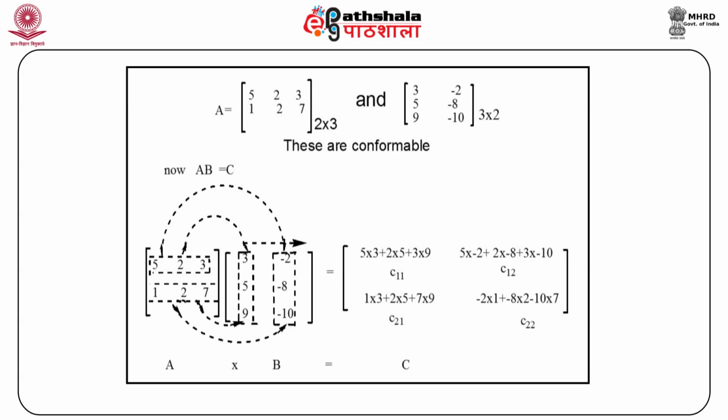Here we pick up the row of A, that is row number 1: 5, 2 and 3, and take the column of B, and we multiply each and every element of the first row with the column of the second, and these are added: 5 into 3 plus 2 into 5 plus 3 into 9. Like this we get the entries of matrix C: C11, C12, C21, C22.